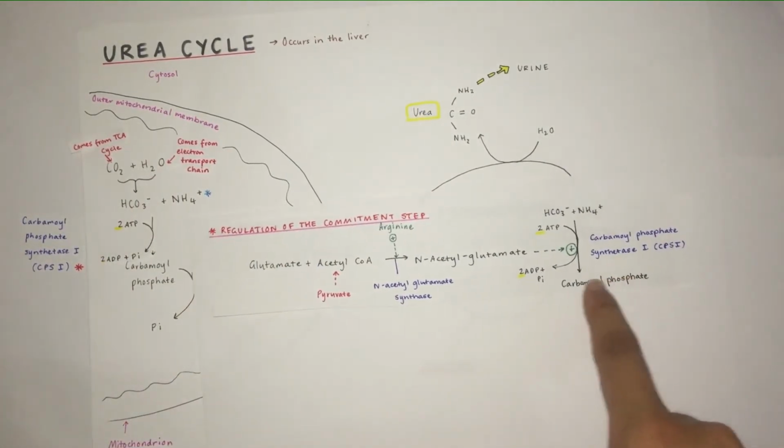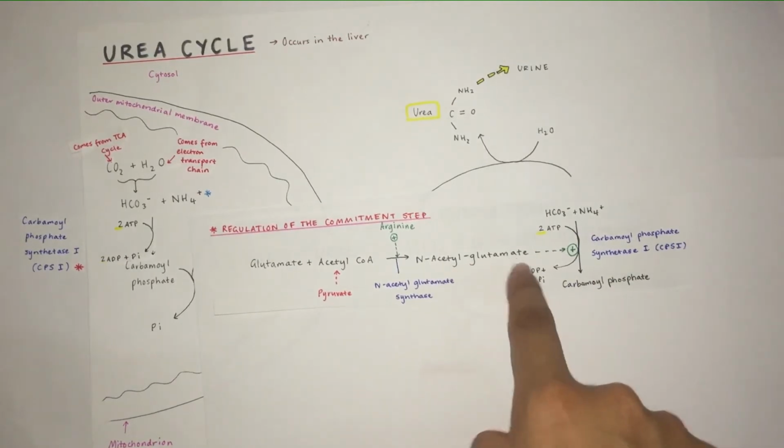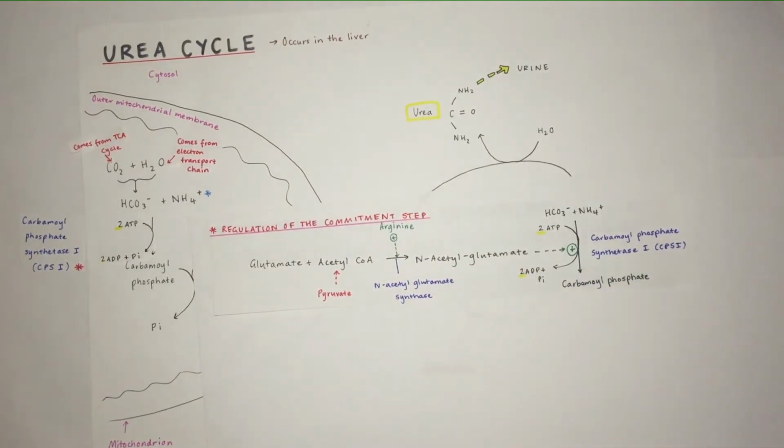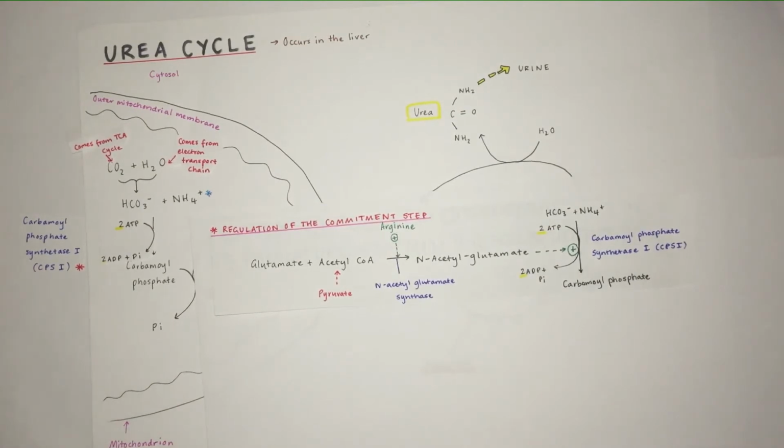N-acetylglutamate promotes this reaction to occur, as you can see by the plus sign in green. And it comes from glutamate and acetyl-CoA coming together. So note that acetyl-CoA is actually coming from pyruvate.